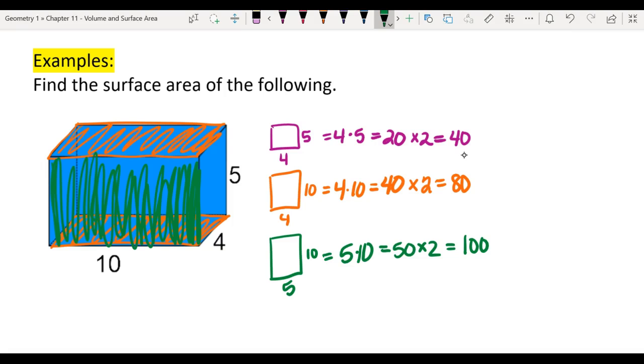The bottom and the top had a total of 80. The left and the right had a total of 40. After you find the area of those sides, you add up those numbers. 40 plus 80 plus 100 is 220. So 220 units squared is the surface area of this prism. Any questions on that?